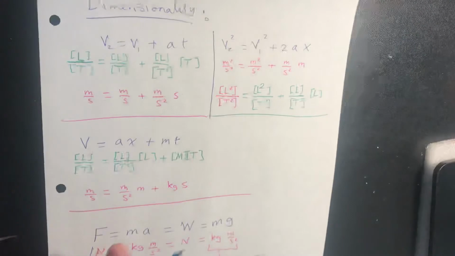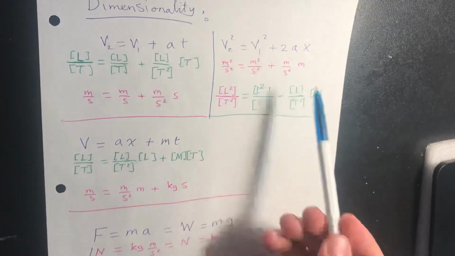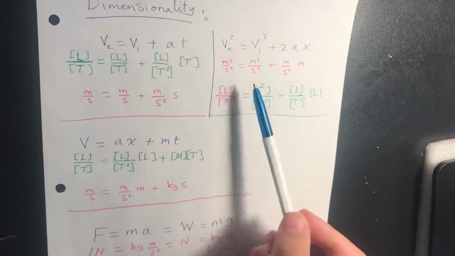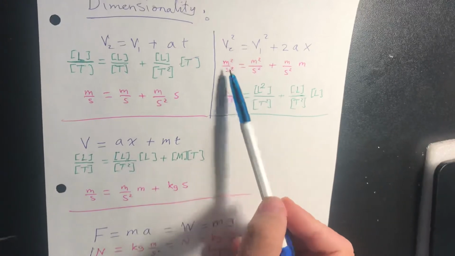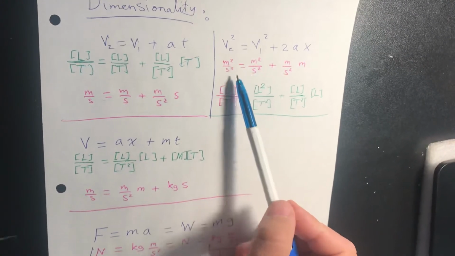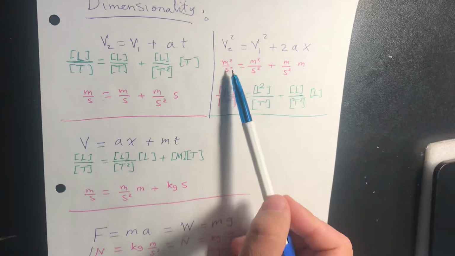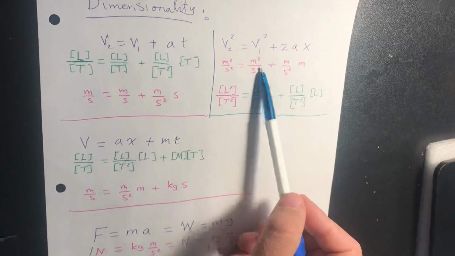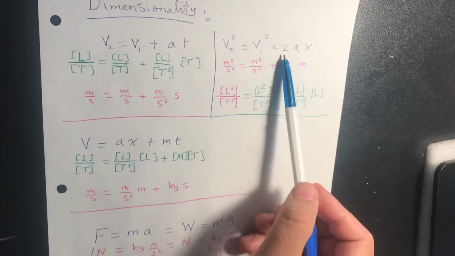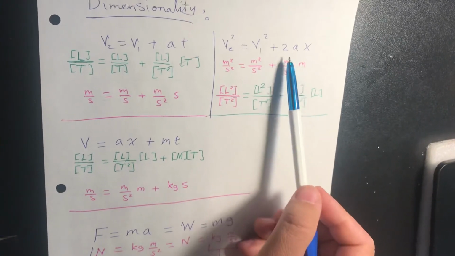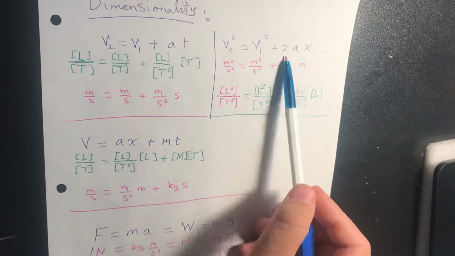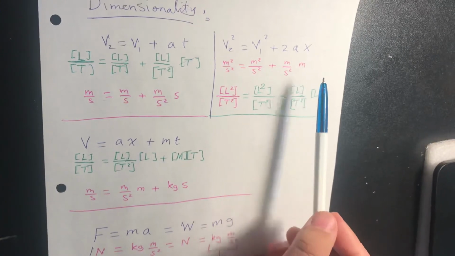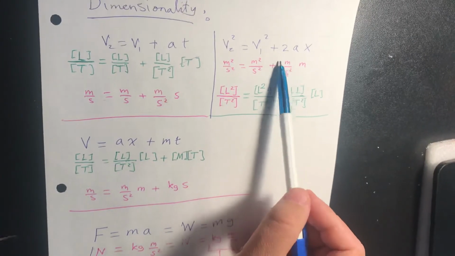Okay, what about this one? This one is also correct. V squared has units meter squared over second squared. The 2: all the numbers that appear in our equations are unitless, so we don't have any unit for 2.